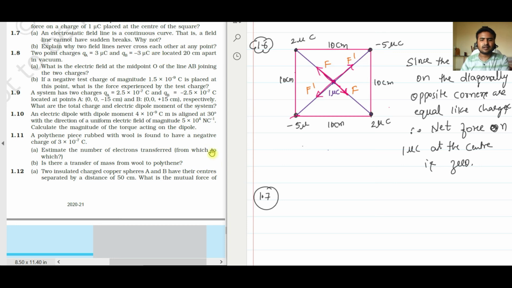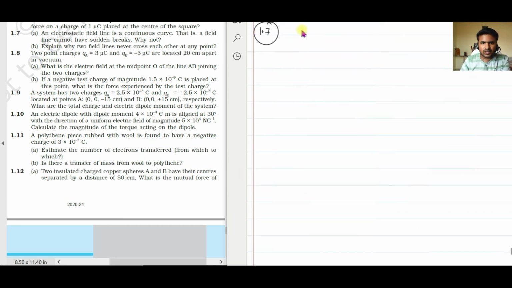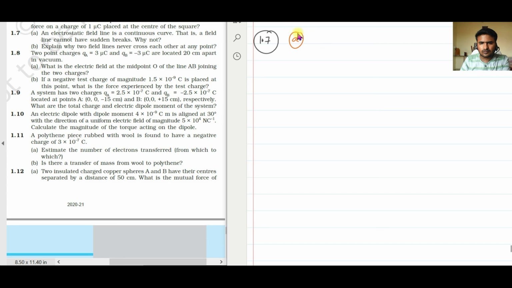So that's the explanation. So we're just going to write the answer for sub-question A: because electrical field lines are nothing but the trajectory of motion of 1 unit positive charge.